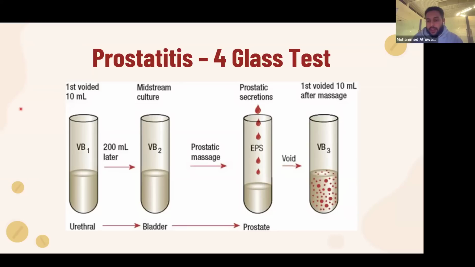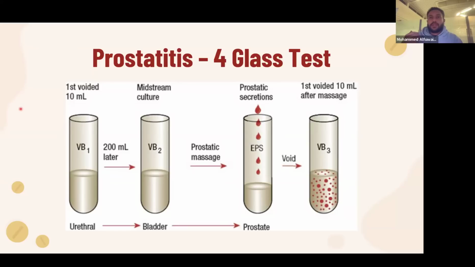No, because it's the first portion. Then you have midstream. Where is the midstream urine coming from? Bladder. So if you're trying to diagnose cystitis, where do you tell the patient to collect the urine from? Midstream. You want to collect it midstream.